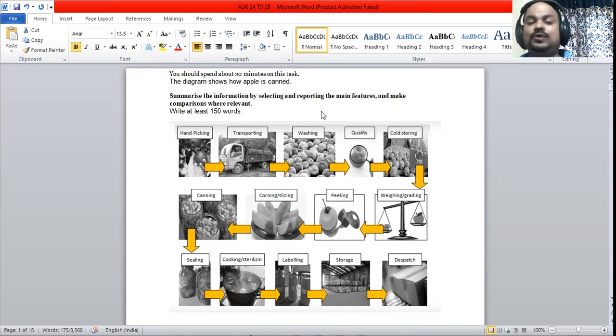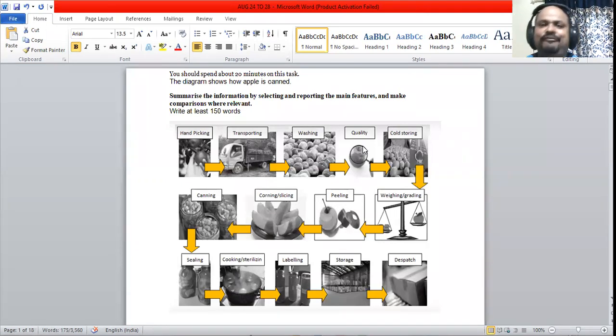So actually I told you there are 2 types of diagram. Simple diagram, what we have seen yesterday. For example, the meteorological department of Australia, how they are collecting the data for the weather reports, the weather forecast. That's not a step-by-step process. That's a picture.